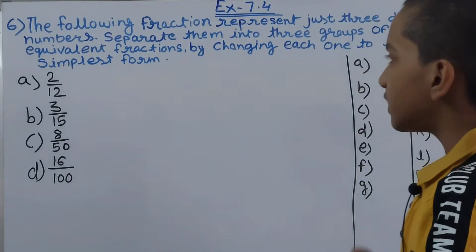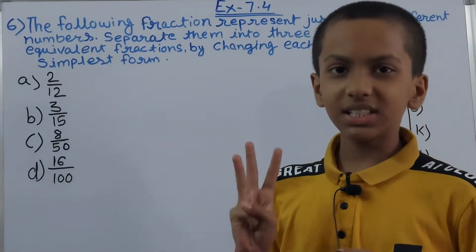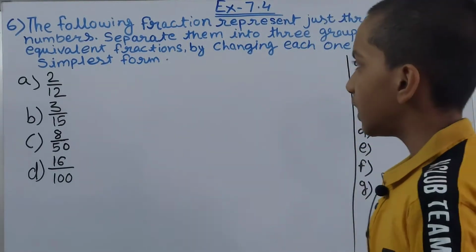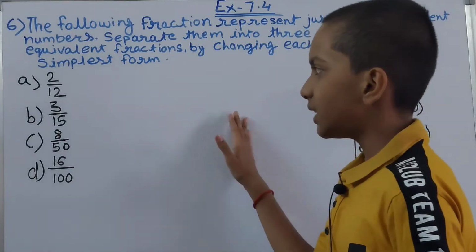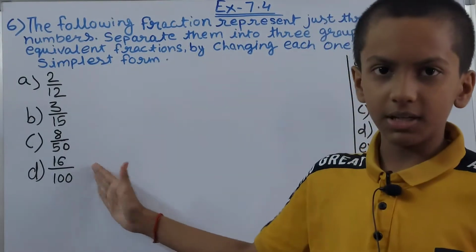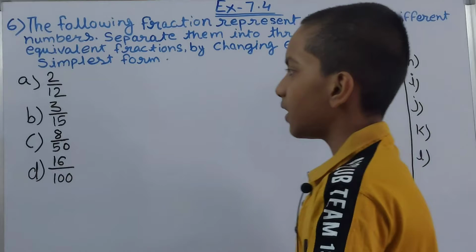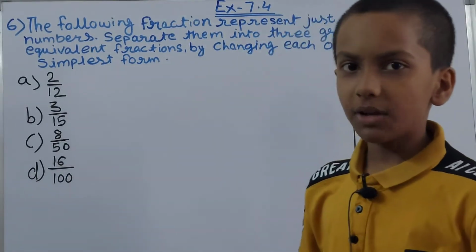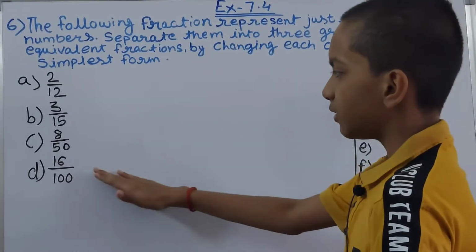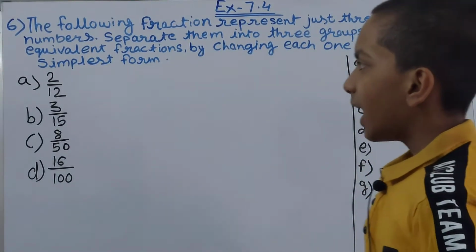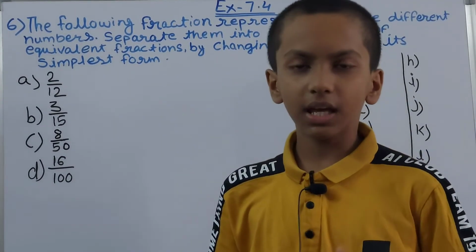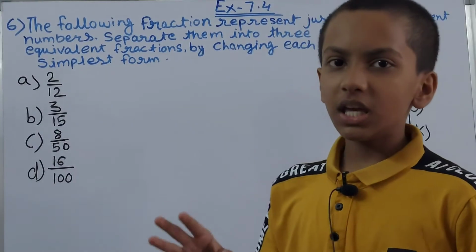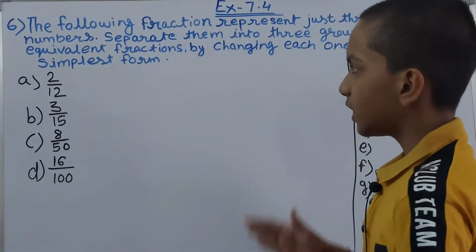Now this is trying to say there are 3 simplest fractions over here which are given to us in the form of these equivalent fractions. So what we have to do is, first we have to find the 3 simplest fractions by simplifying these equivalent fractions, and then we have to find the equivalent fractions for each of the 3 fractions we will find.